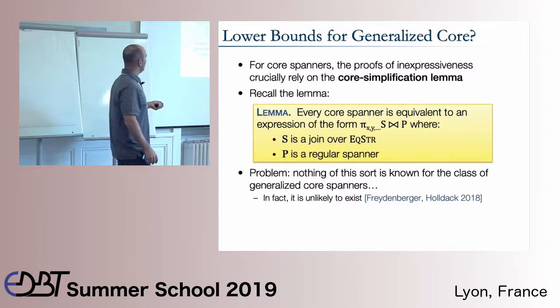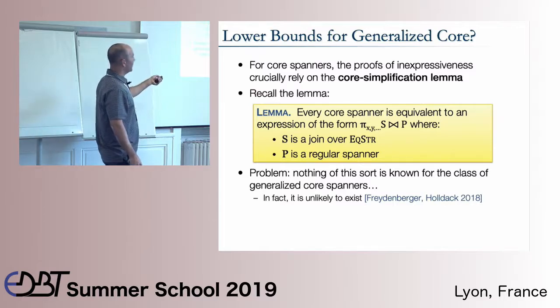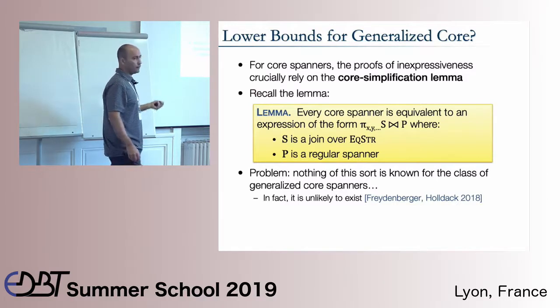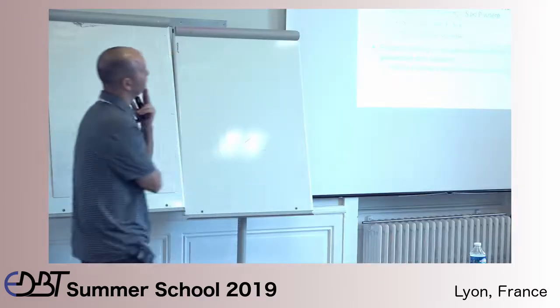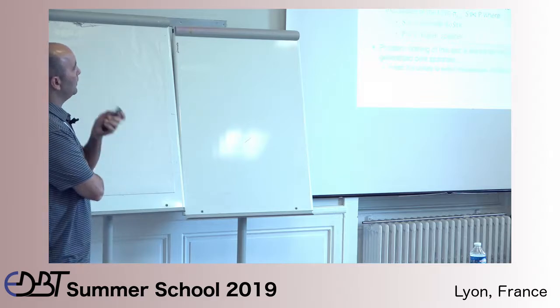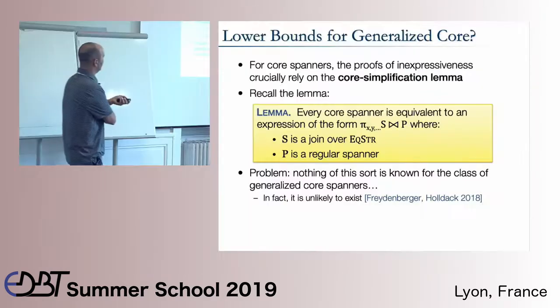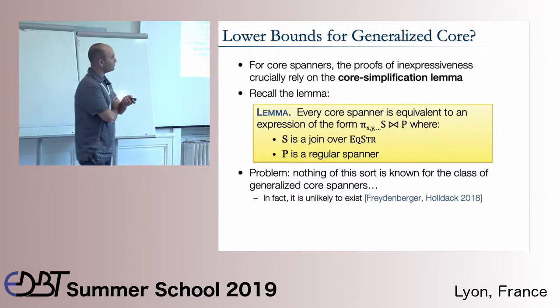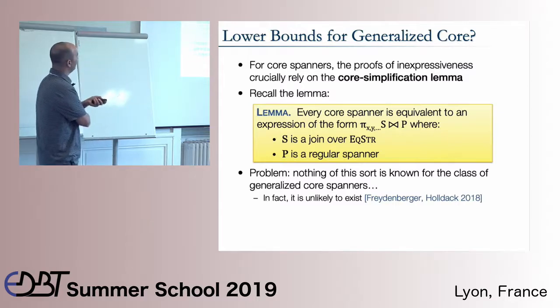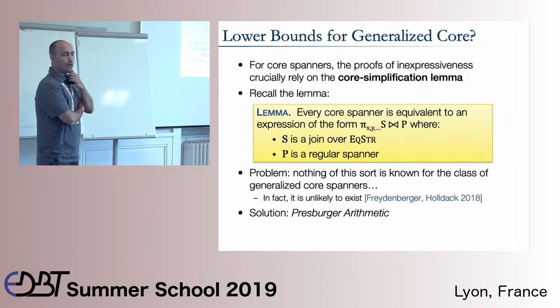We don't have a proof that it exists, and there are some theoretical indications on why it's not likely to exist, by Freydenberger and Holldobler. So we're kind of stuck showing any reasonable bound or lower bound on these generalized core spanners.